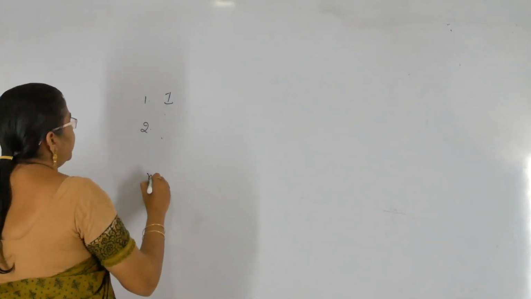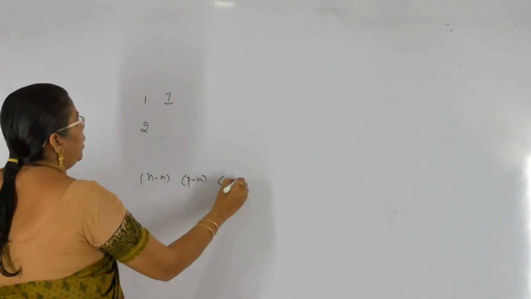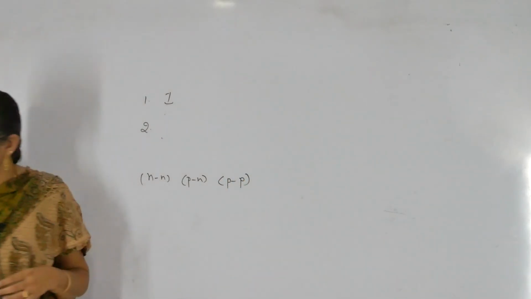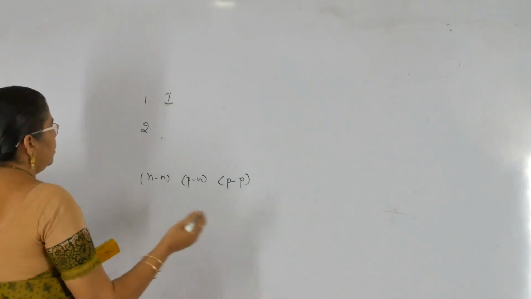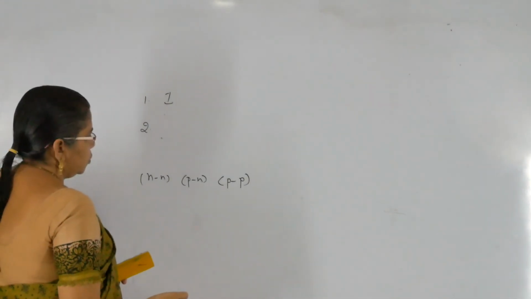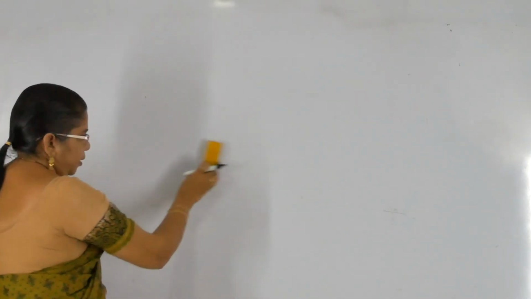The fourth property is that they may exist between n-n, p-n and p-p. These forces can exist up to a certain range and they are non-conservative forces.